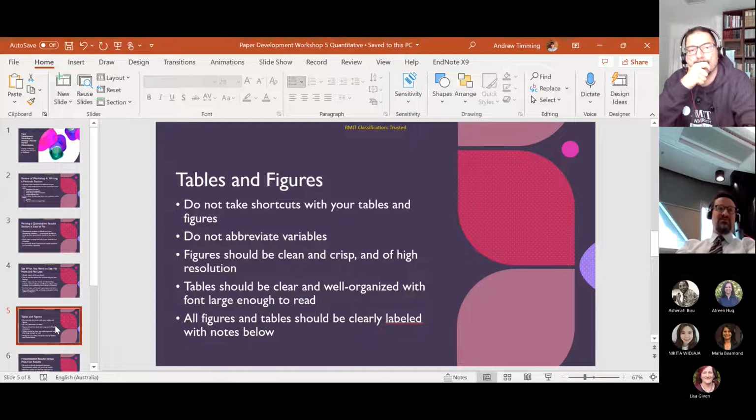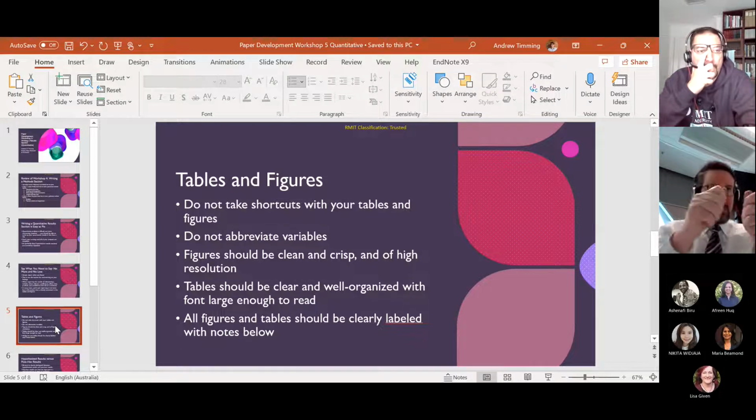Equally, as with the figures, the tables themselves should be clear. They should be well organized. And I think it's important to highlight: don't use tiny fonts in your tables, because as a reviewer and as an editor, I've seen way too many times where I have to take a magnifying glass out to see exactly what's been reported in tables.